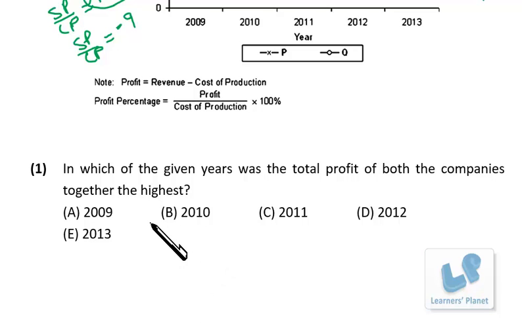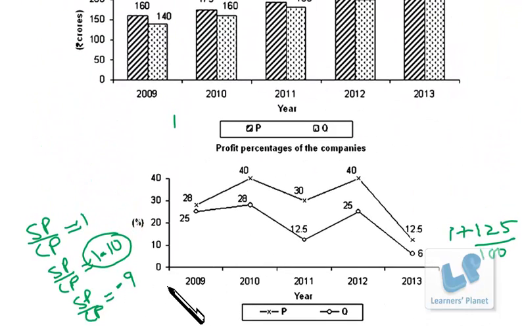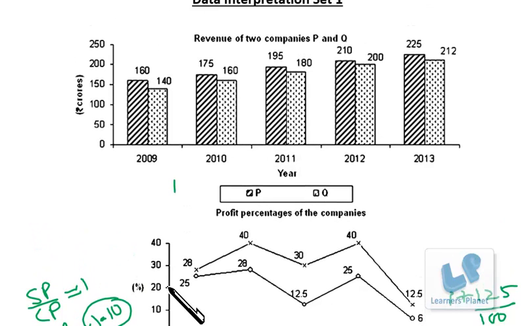In which of the given years was the total profit of both the companies together the highest? This is really a question which involves a lot of calculation, right? If you are going to find out the profit of both the companies for all the years, it will be really time consuming. So what we can do is get an approximate idea of the profit.